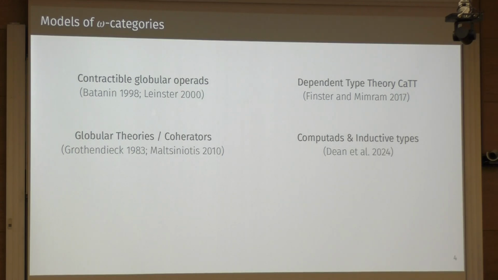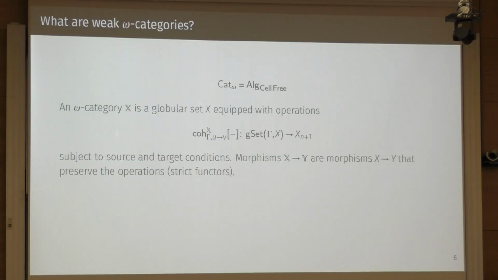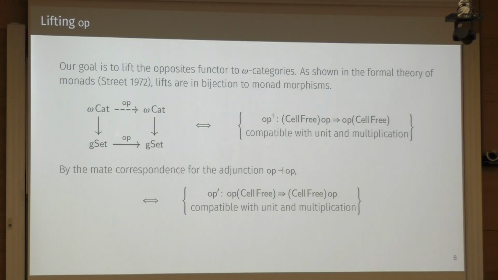We haven't checked, but the fact that opposites are defined using a morphism of monads here on computads, and essentially the cofibrant replacement is also defined using an adjunction between computads and omega categories, makes me quite confident that it will be possible and shouldn't be very hard to write down the opposite of a weak functor. We just need some type of distributivity between the opposites and the cofibrant replacement, basically.